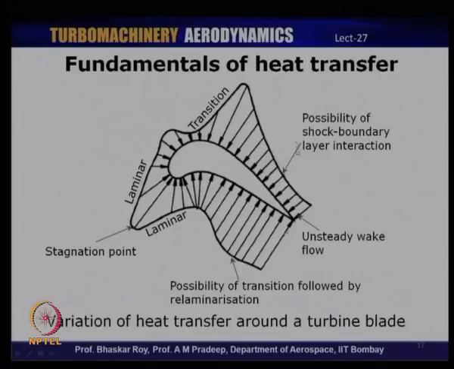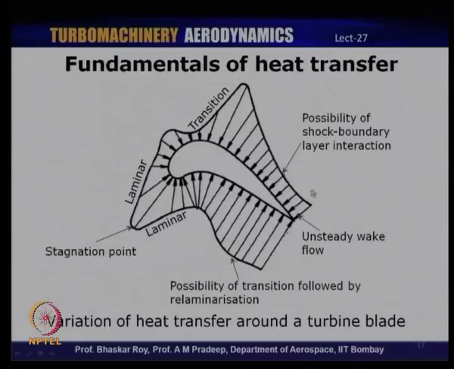Now, on the suction surface, one might have the presence of shocks depending upon the Mach number at which the blades are operating. I mentioned in one of my earlier lectures that a turbine designer usually would want to delay the occurrence of shock towards the later half of the blade, and so you may have shocks towards the trailing edge of the blade, especially on the suction surface.